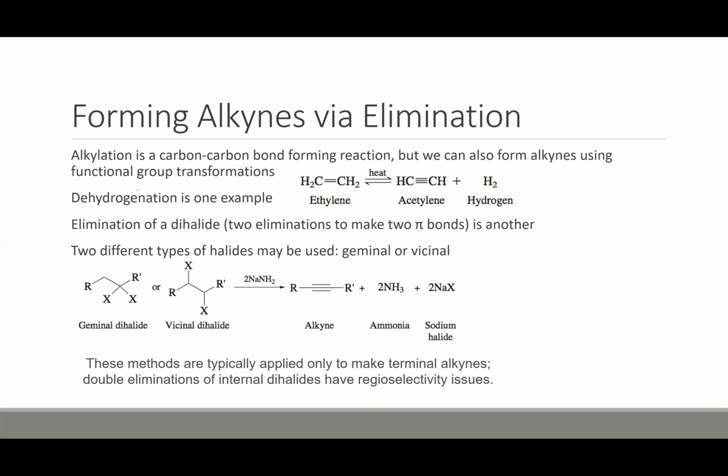We saw how you can do this with a single bond, right? So you could take a single bond and remove the hydrogens, dehydrogenate to make a double bond, and we can further remove hydrogens to make this into a triple bond.